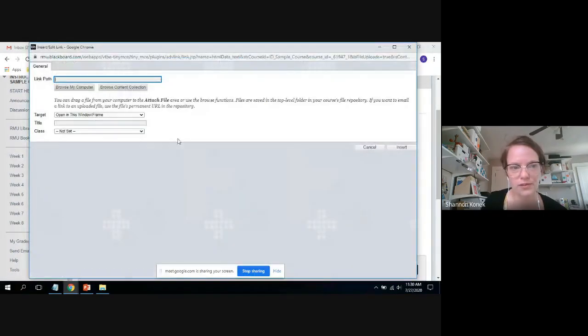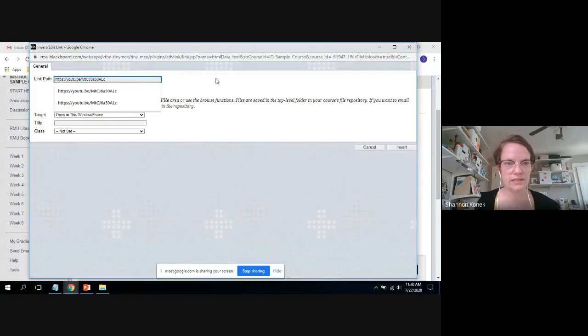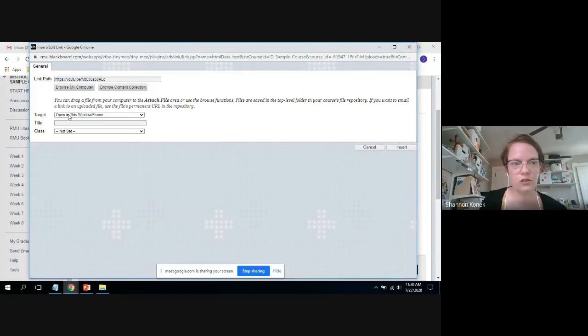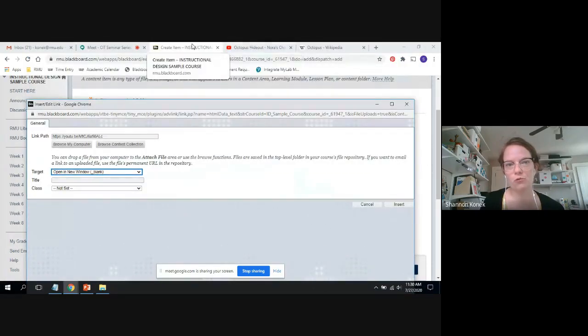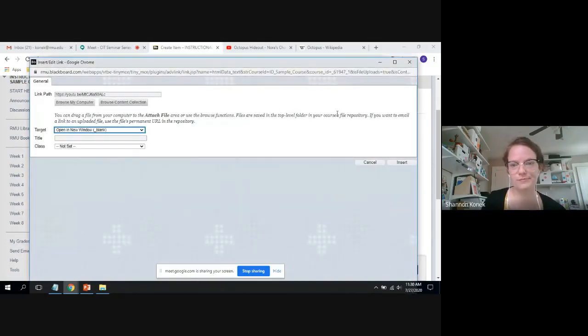But you click this hyperlink button, paste it in there. And then usually what I do is I say open in a new window. What that does is whatever you're linking to here will open in a separate browser window, and they won't have to click the back button to get back to the Blackboard shell.